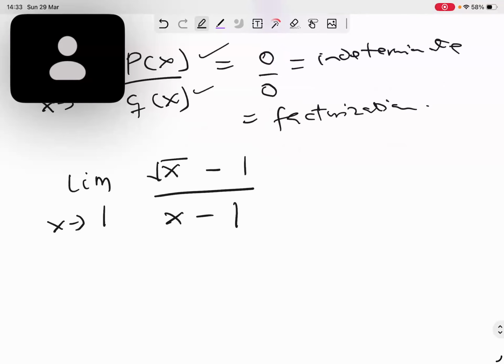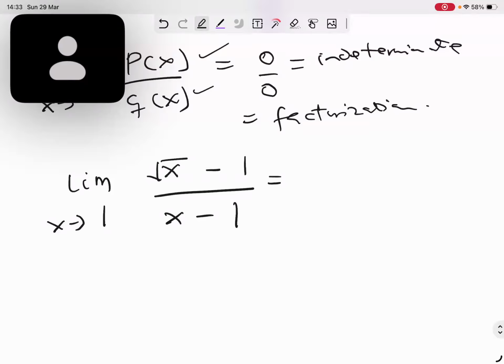To find the limit, let's go step by step. I know you know it, but let's take baby steps. Because the function is in quotient form, our first step is to apply the quotient property, applying the limit on the numerator and on the denominator.